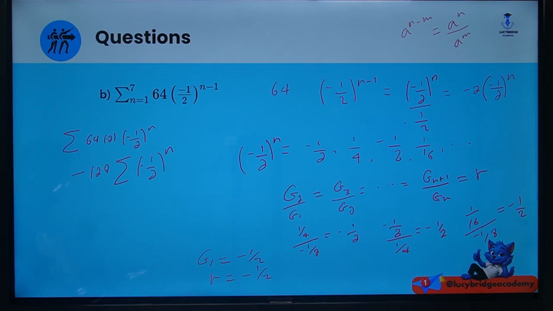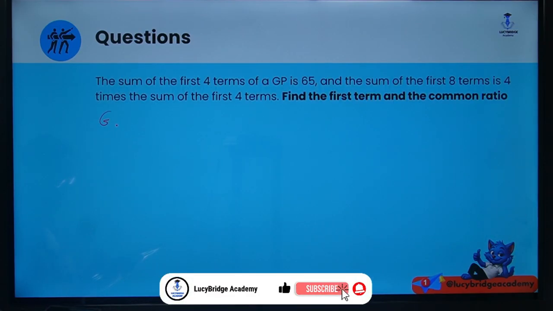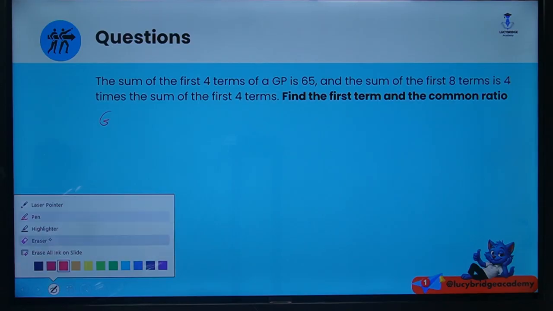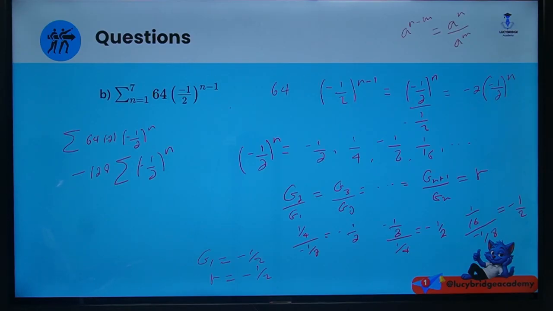So we know that Gn, okay, we are asked to find S7.